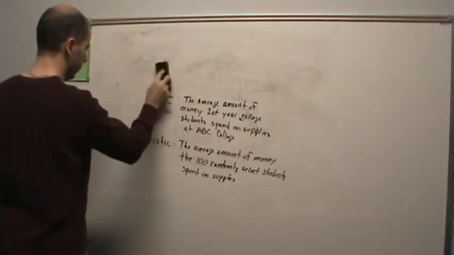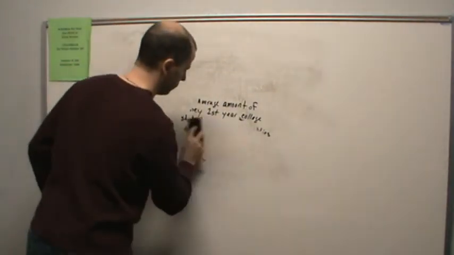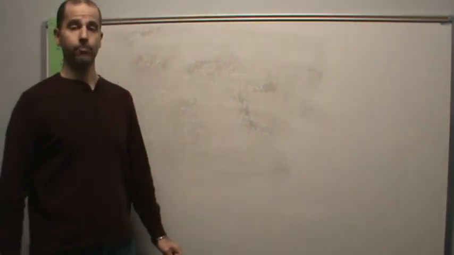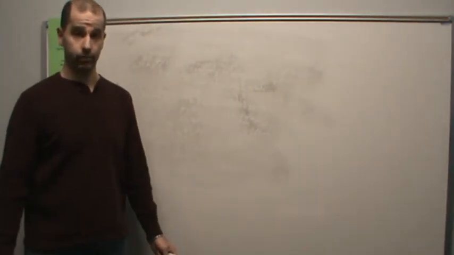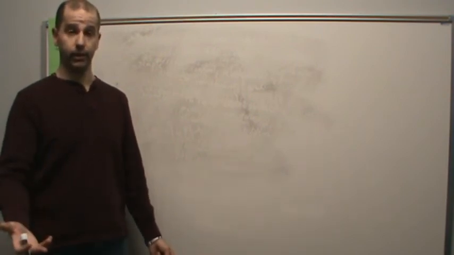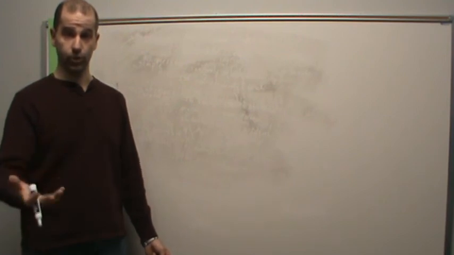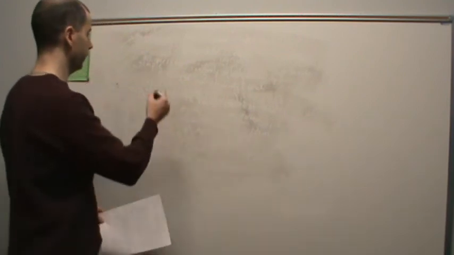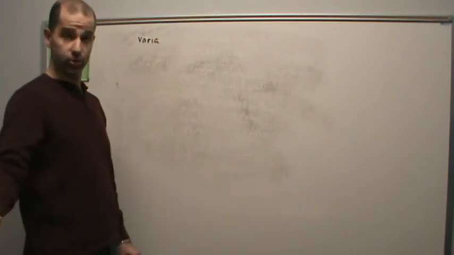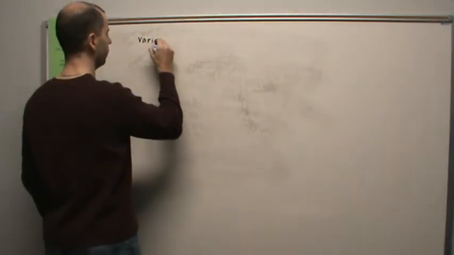So what's the variable? Okay, so now, the variable in this case is what? What are we measuring? What's being measured? The amount of money that an individual student spends. That's the variable, okay? And that changes from student to student, hence the variable, right?